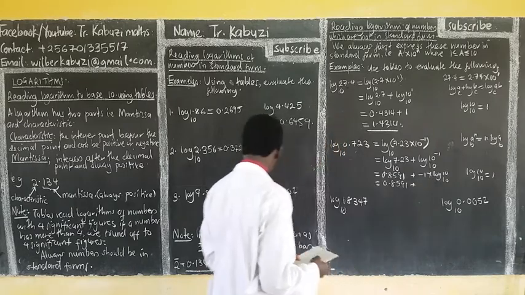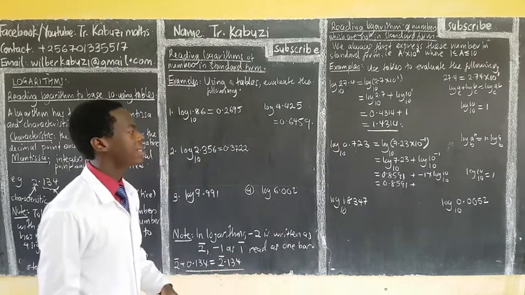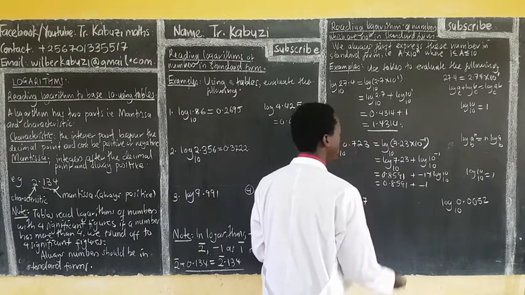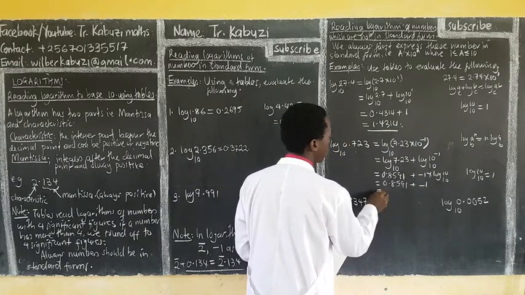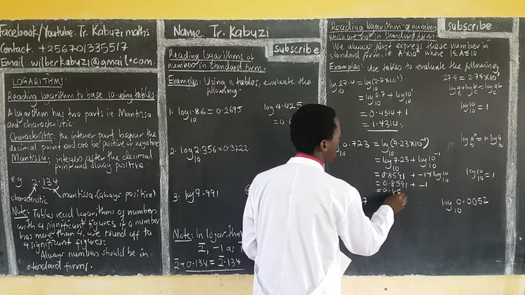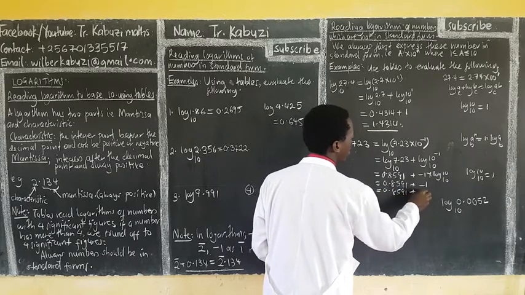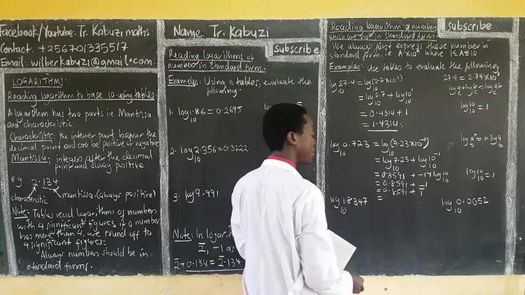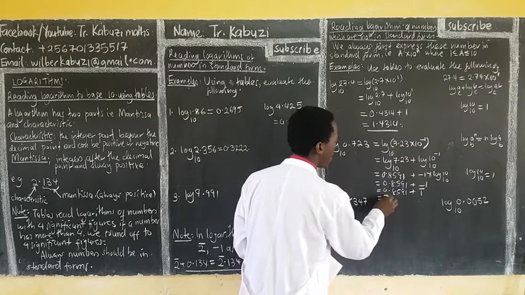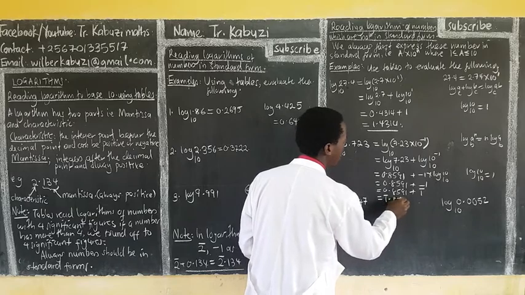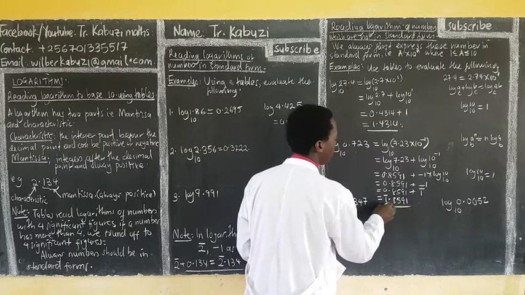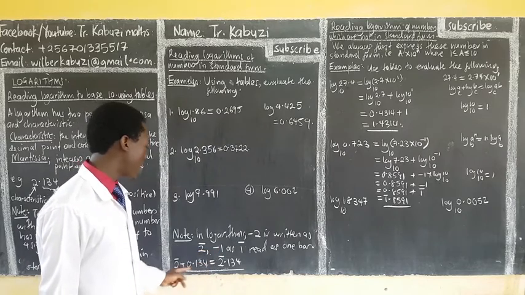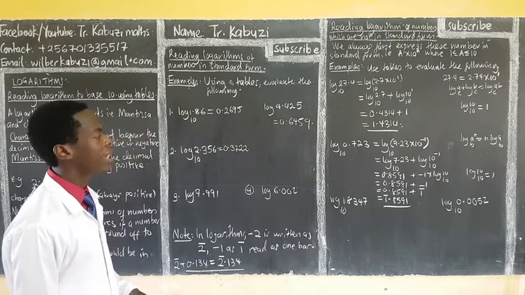But the same, a negative 1 is written as 1 bar. Negative 1 times 1, which is this. So which will be 0.8591 plus 1 bar, which we write as 1 bar 0.8591. If you add this, this is what you get when you add a bar, and that's what we get.